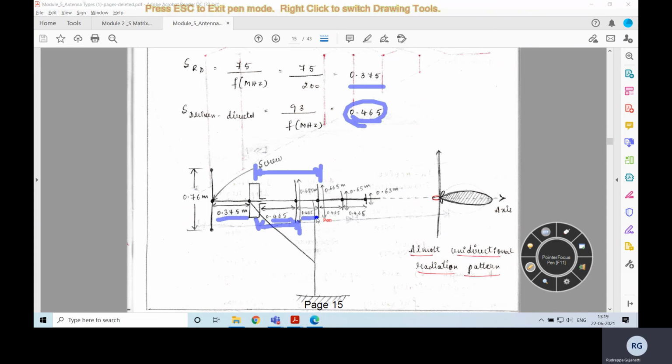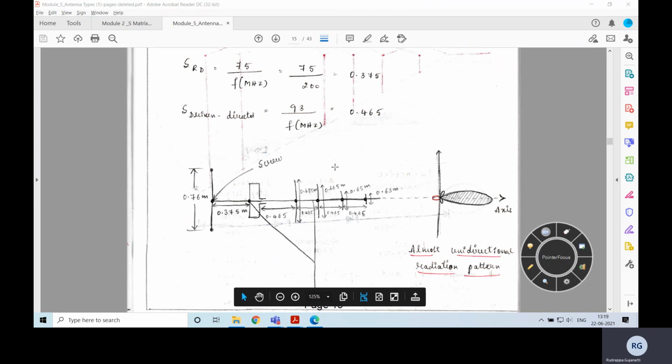You continue in this way: the separation between the driven element and the third director is 3 times 0.465, and between the driven element and the fourth director is 4 times 0.465. These are the specifications we obtain for the given frequency.